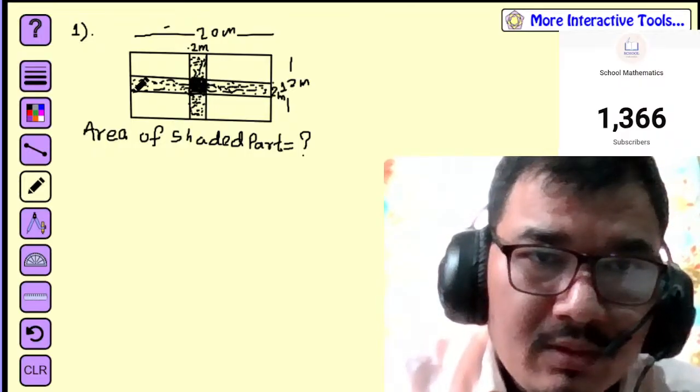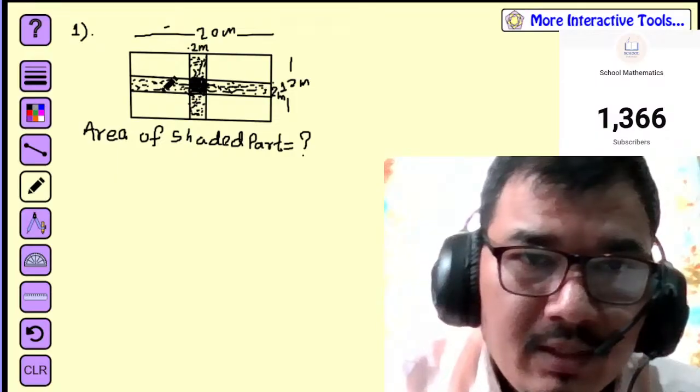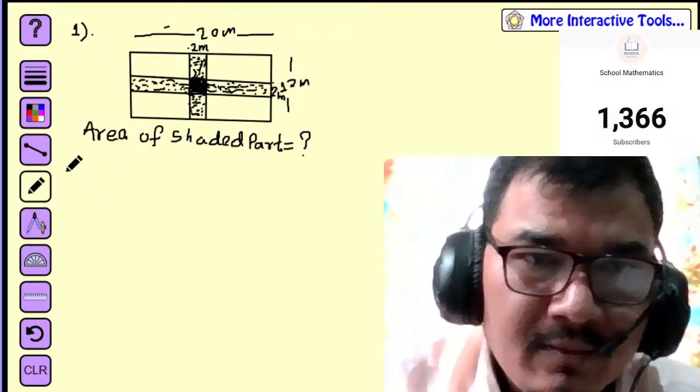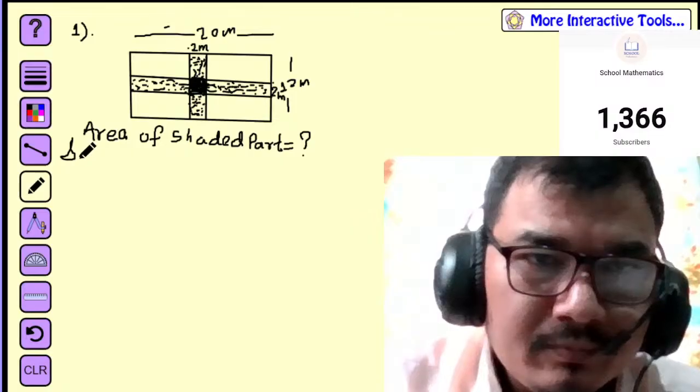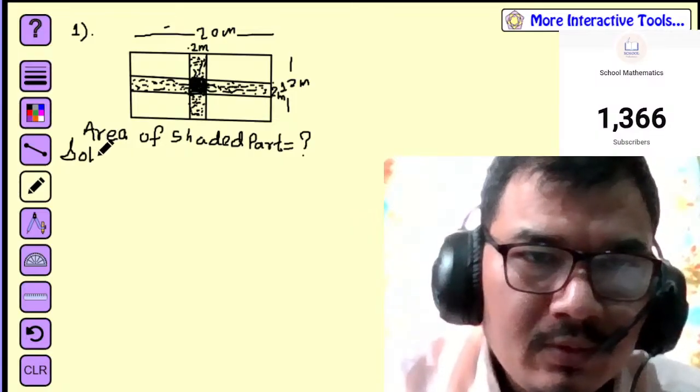And look here, students, first for this path and this path, write the solution.